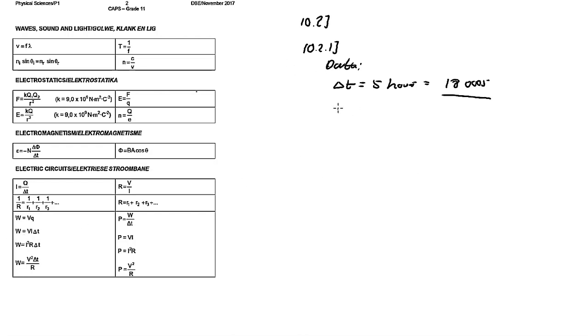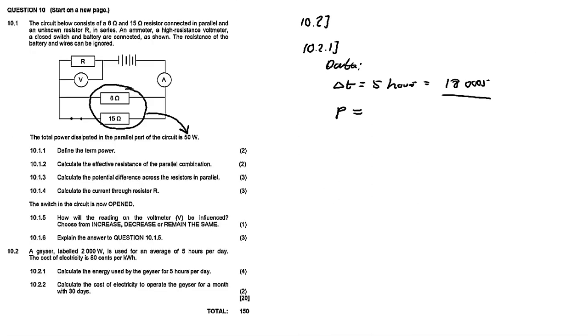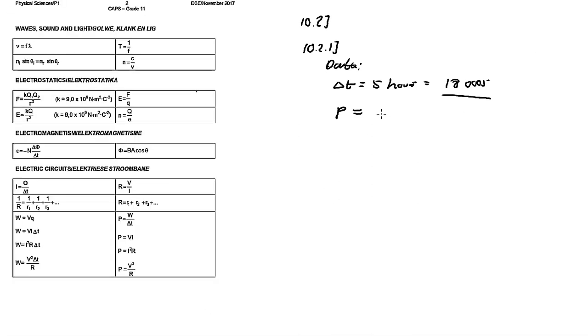What else am I given? I'm given power. Power is equal to 2000 watts. Ngifuna the amount of work or energy used. So W, ngifuna a formula N, P as well as T, so that I can calculate to W. What else?